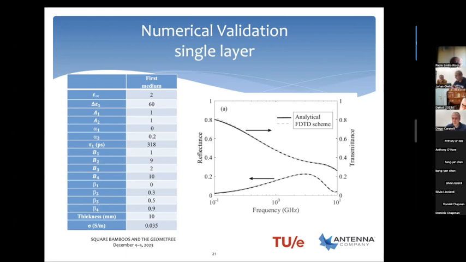As you can notice, the agreement is pretty good. And this obviously witnesses the soundness of the numerical model we have developed.